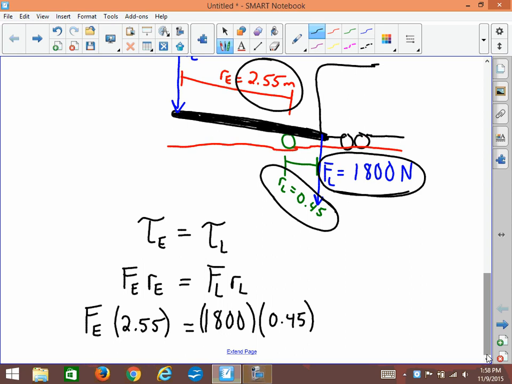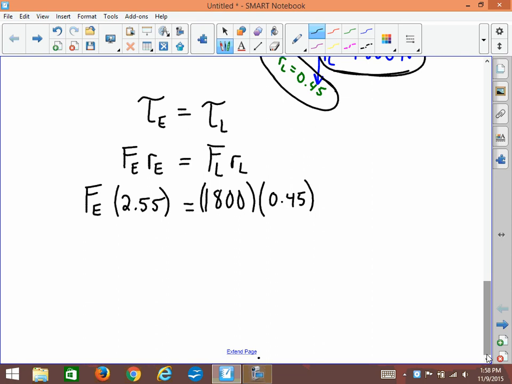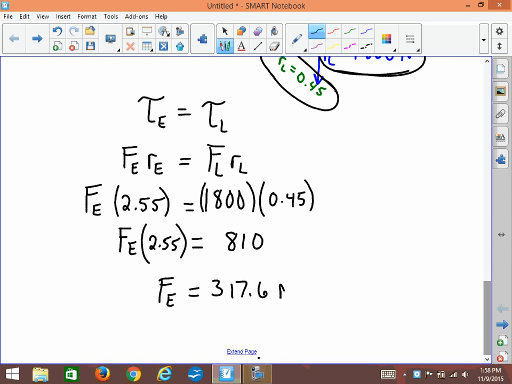So now let's do some math. What we have to do to solve this is first multiply 1800 times 0.45. So this side turns into 810. And then over here, if we divide both sides by 2.55, we get FE equals 317.6 newtons of force.